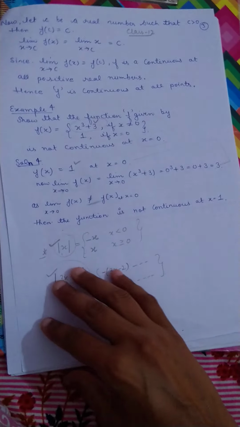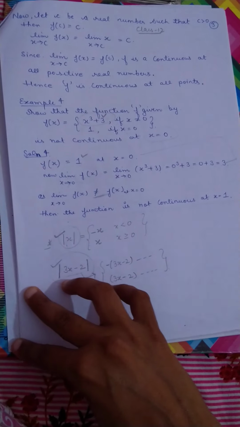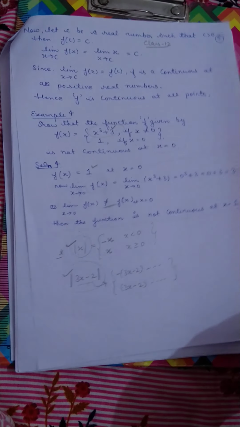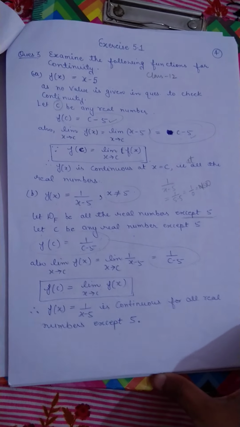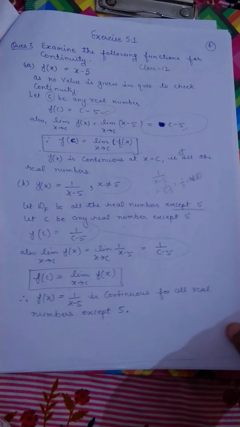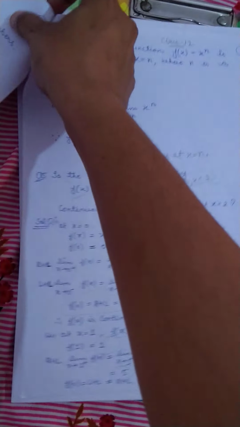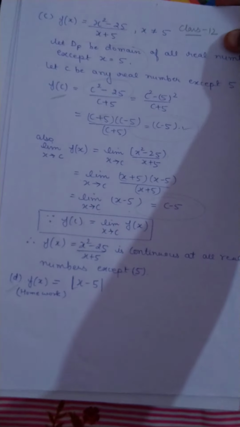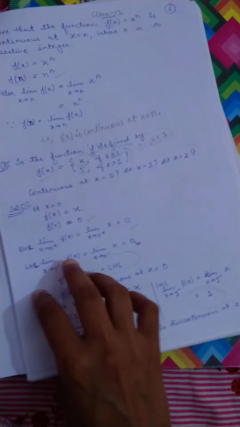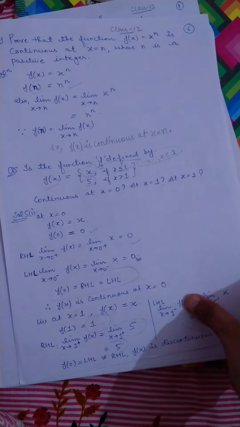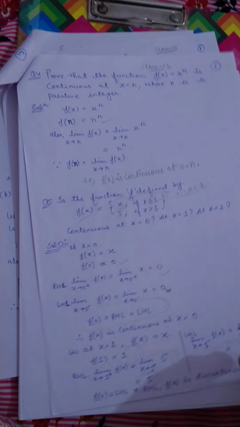Then this is your third page, in that I have discussed example number 4. And after this, I started with you from exercise 5.1. This is your first part. Then this is that question. In the same way, we have discussed the exercise completely till last, and this is all about your chapter 5, beta.